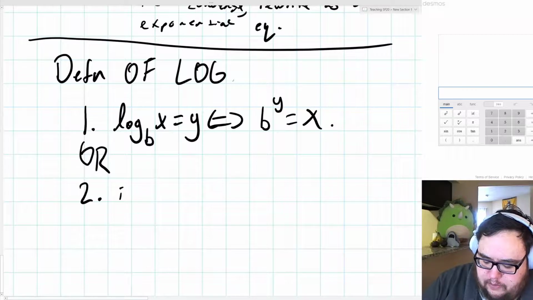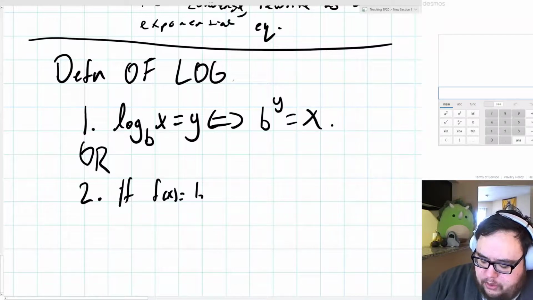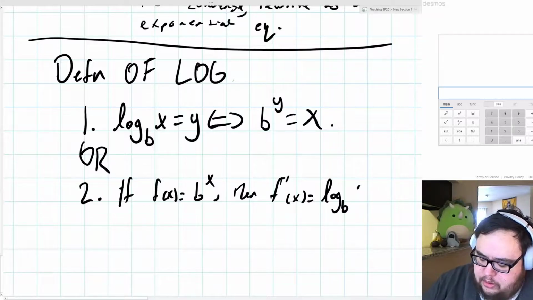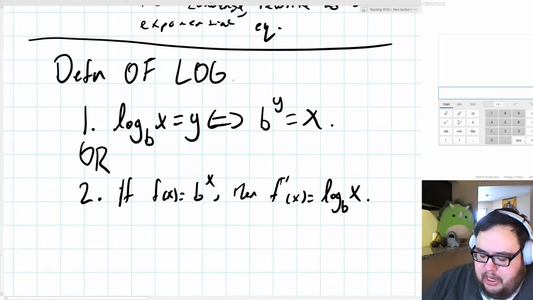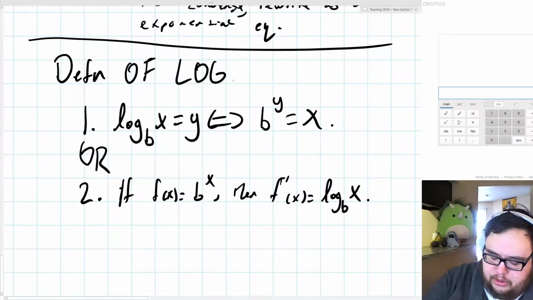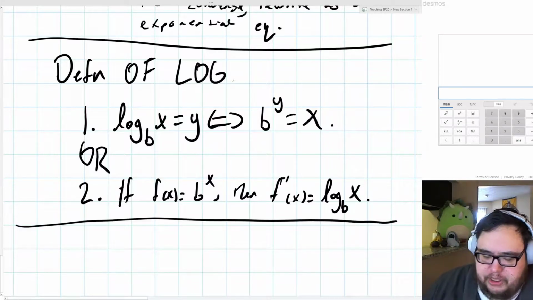So if f of x equals b to the x, then f inverse of x is equal to log base b of x. That is that the logarithm function and the exponential function are inverses to each other. So those are your two big definitions for logarithm.